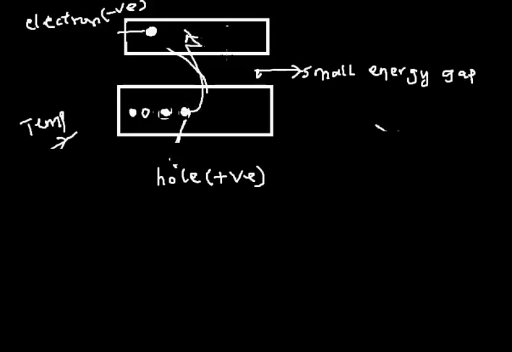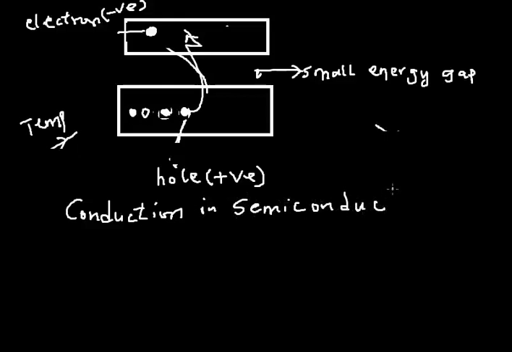So discover that what causes electrical conduction in semiconductors are two charge carriers. We call them charge carriers because they carry charge: one carries positive charge, the other carries negative charge.